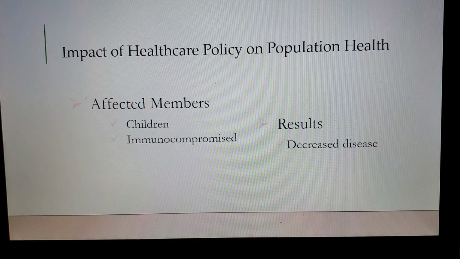Children and immunocompromised individuals are the ones at risk when others are not compliant with the immunizations. Immunity protects those who are medically unable to be immunized, but it requires 94% of the population to be vaccinated in order to have it.